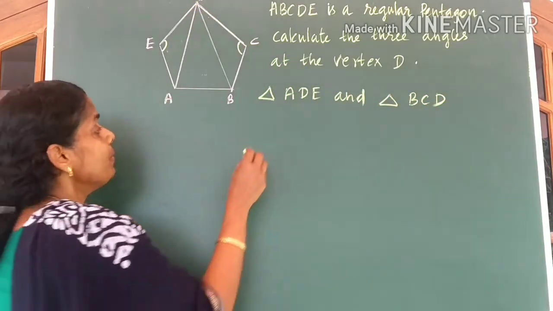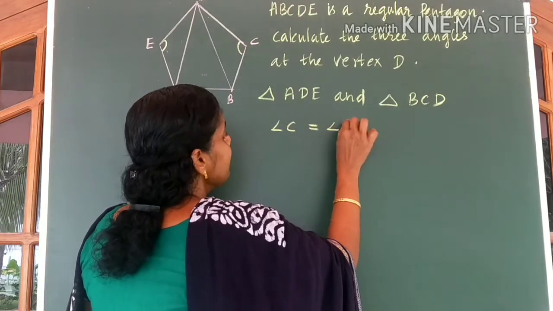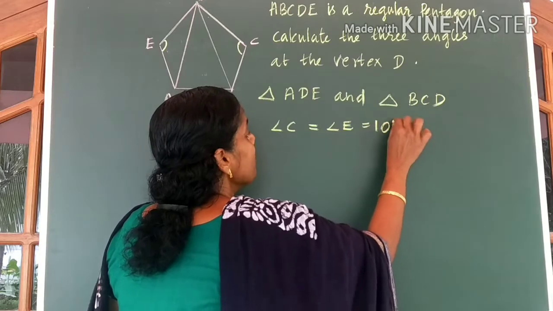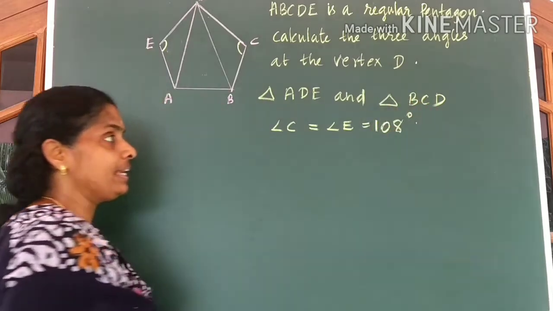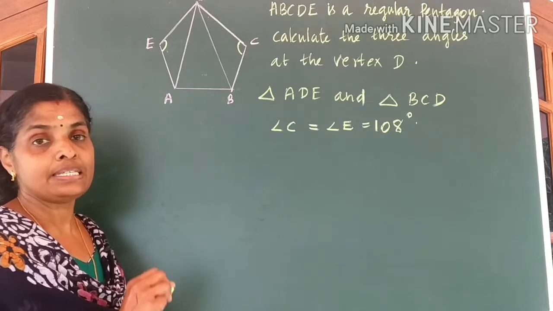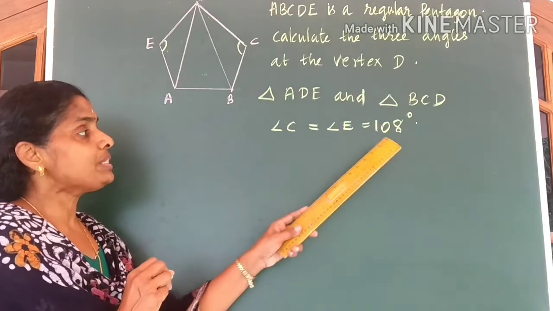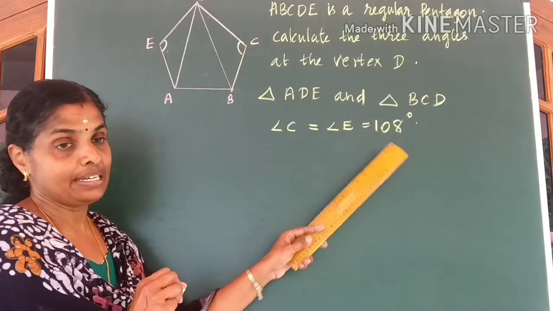Now you know angle C is equal to angle E is equal to 108 degree because each angle of a regular pentagon is 540 divided by 5 which gives you 108.